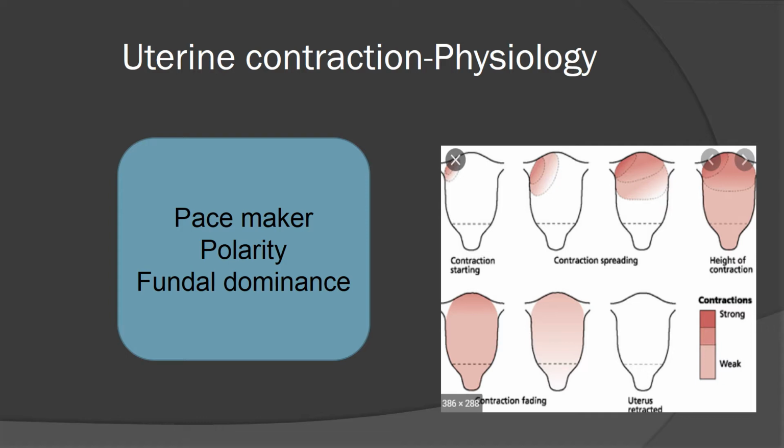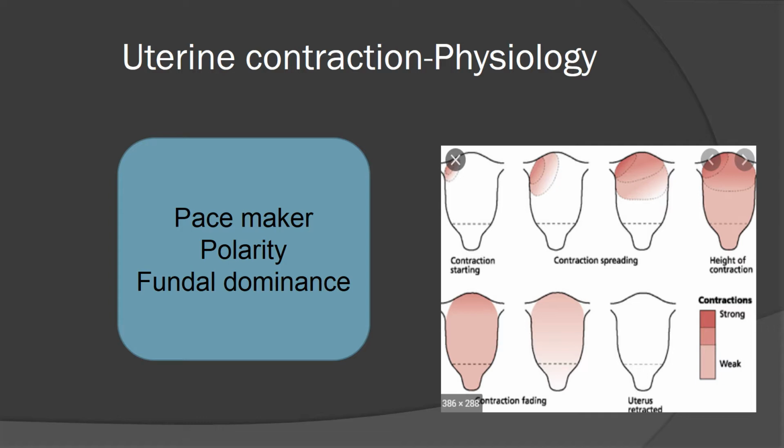As the uterus contracts, the maximum force is at the fundus and the retraction also is maximum at the fundus. As we come downwards and reach the lower segment, there is practically no contraction, but there is what we call relaxation and stretching of the lower segment of the uterus.